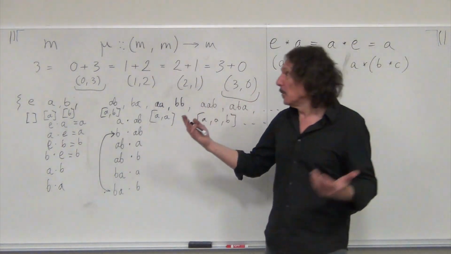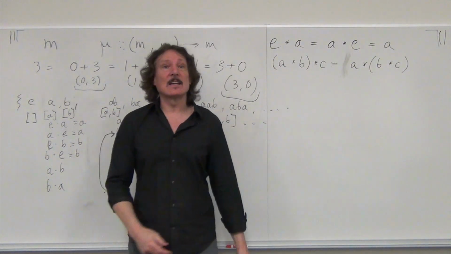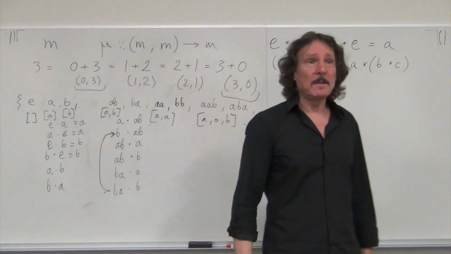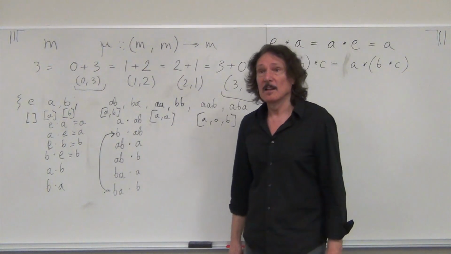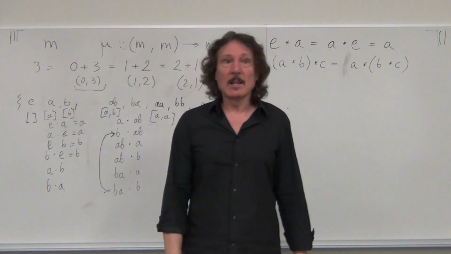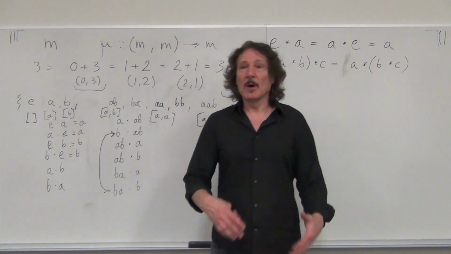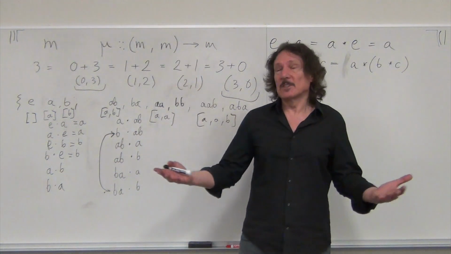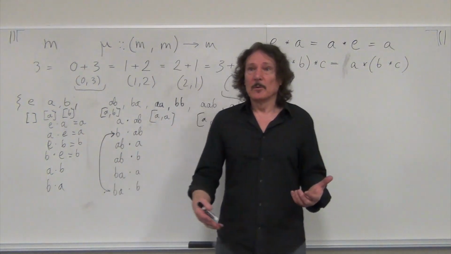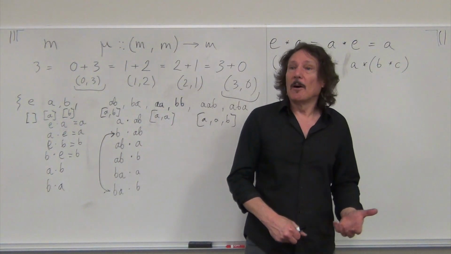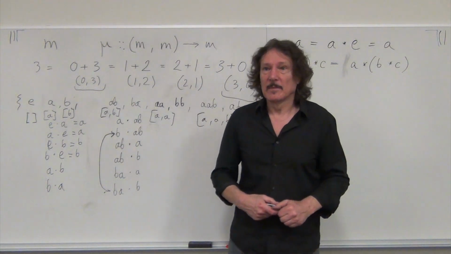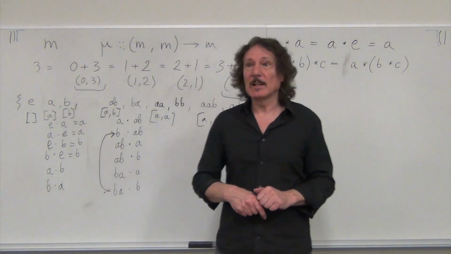We can pick any set of generators. We could pick an infinite set of generators, for instance, integers, and we'll have lists of integers. So a free monoid whose generators are integers will be all possible lists of integers. And what's multiplication?